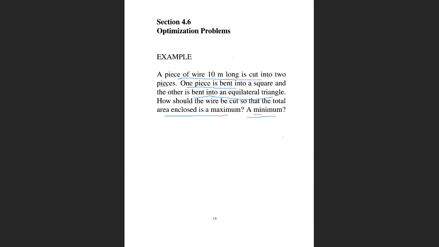Let's see, Ian says nominally if they want the most area, shouldn't they just not cut it and make it a circle with diameter 10? Well, the diameter couldn't be 10 meters, because this is your wire, and it's 10 meters.